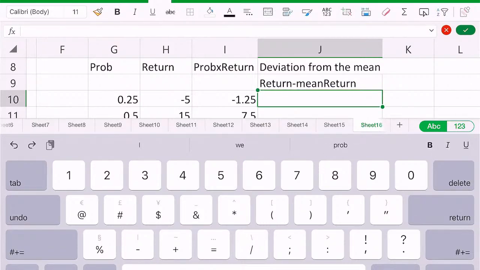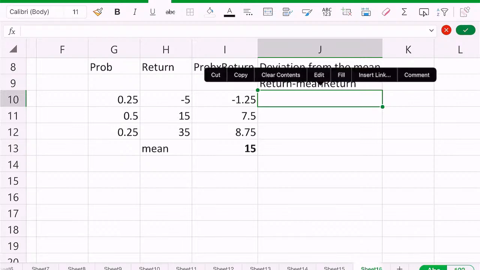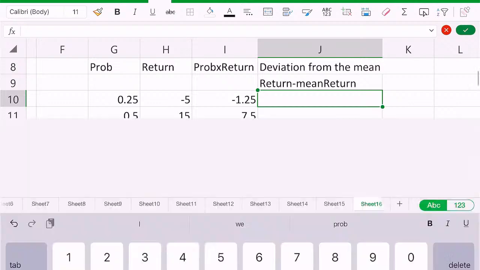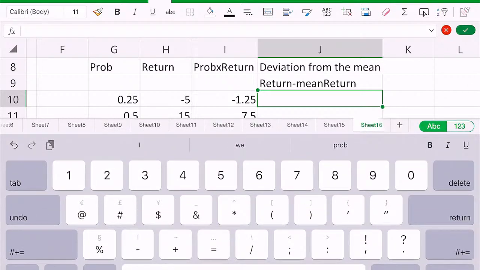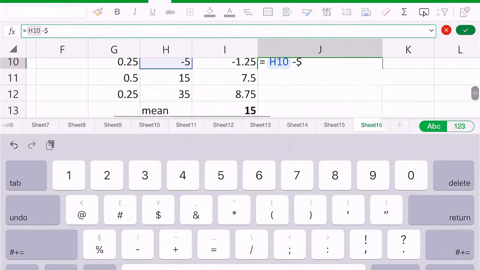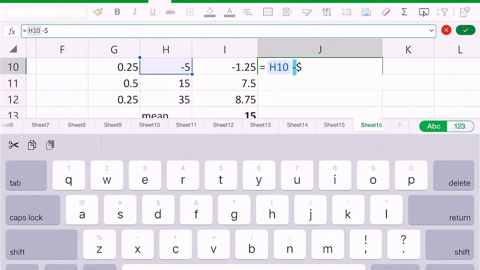So this is what we have to do. We have to calculate the return minus the mean of returns.